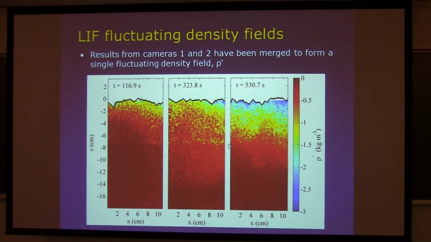And then for LIF, you can use the background of that image to derive how the density field is fluctuating. These are 3 snapshots in a 10-minute experiment, and as it continues to rain on a flat surface, you can see the density change, and you can see a freshwater lens forming. So that's where those 2 raw images that look like scattered dust convert to velocity fields and to density fields.